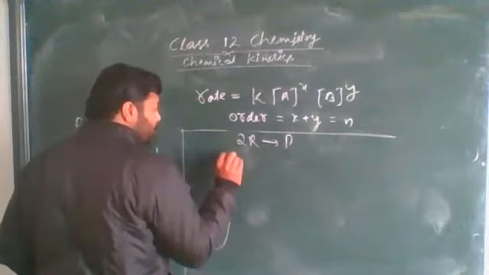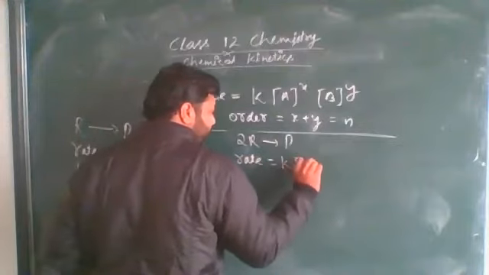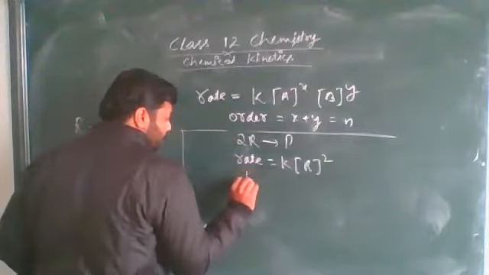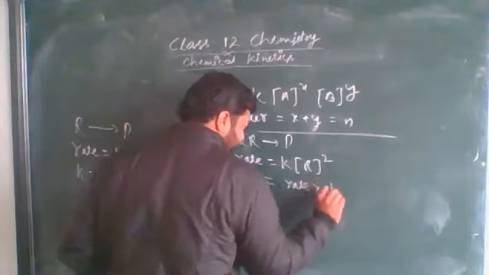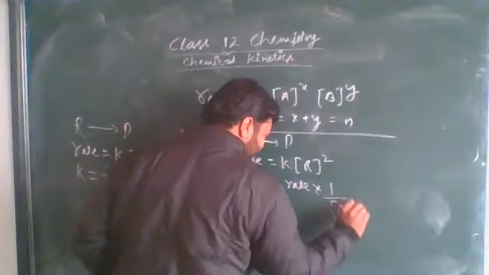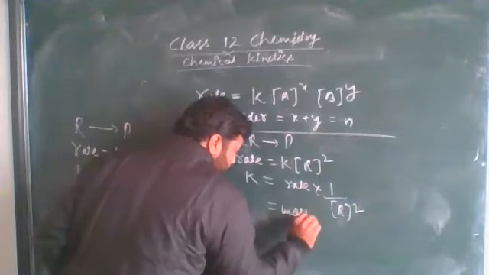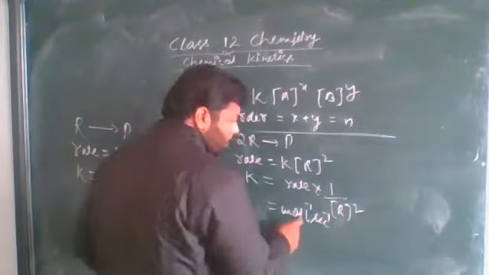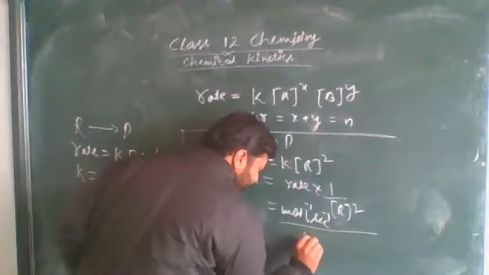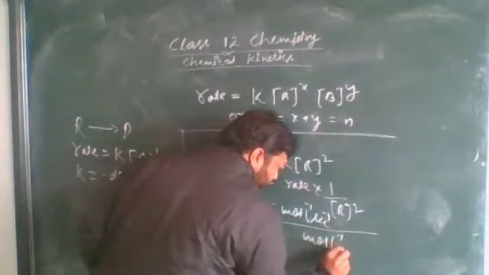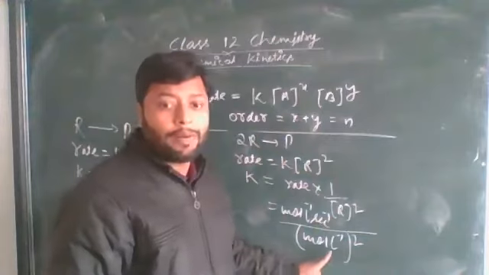For second order reaction, suppose the rate equals k times concentration squared, the unit of k will be the unit of rate, mole per liter second inverse, divided by mole per liter to the power 2.